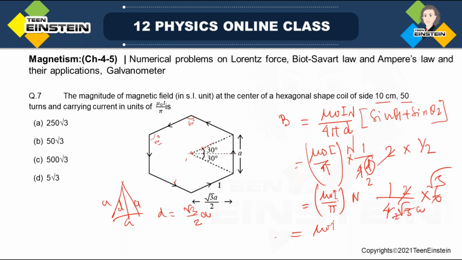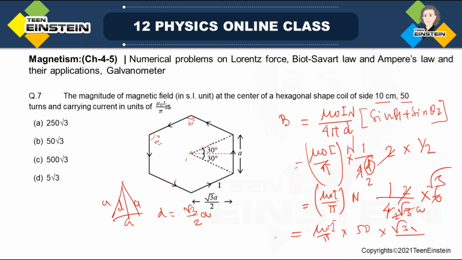So mu 0 I by pi into n, which is 50, root 3 by a, and a is 10 to the power minus 2, so that multiplies by 100.